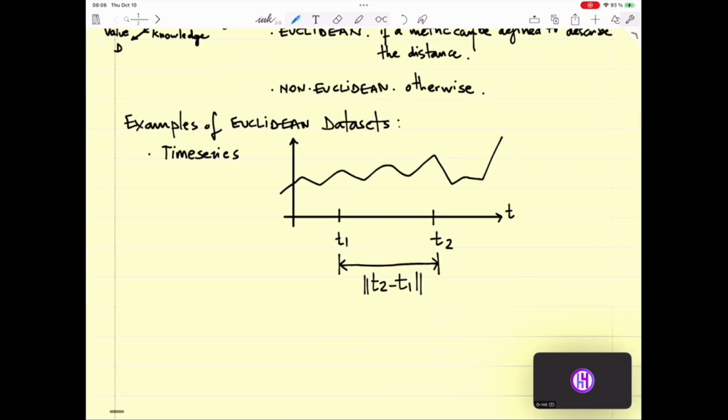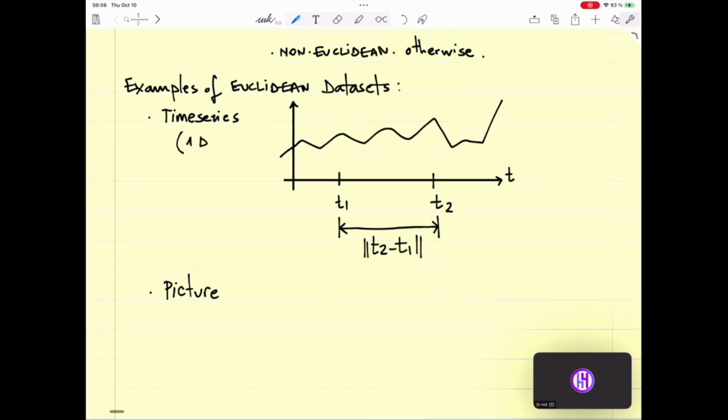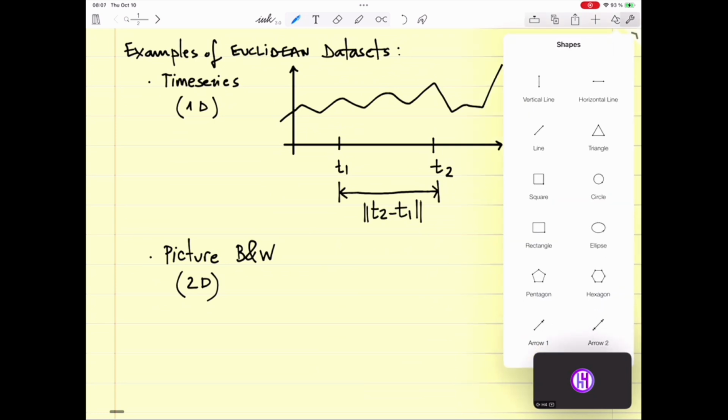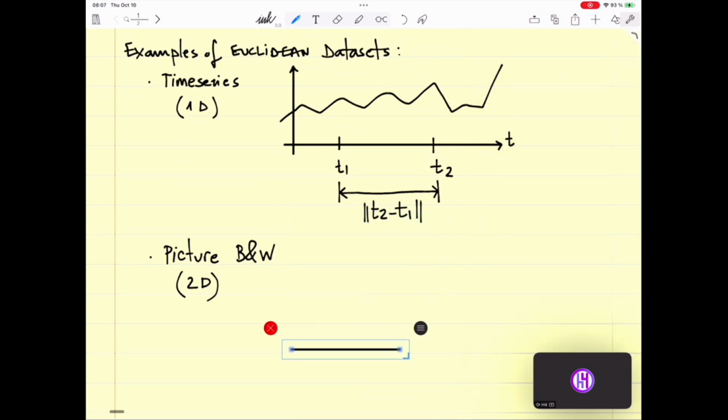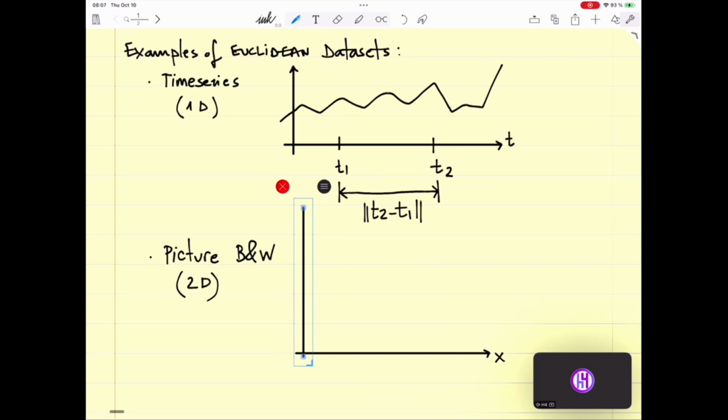Also, a picture. A time series is one-dimensional. A picture, let's say black and white, is two-dimensional. What do we have here? We also have an axis X, an axis Y, and we have a bunch of pixels.